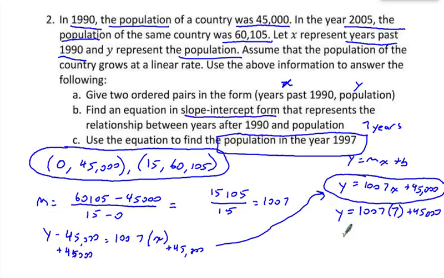And when you do that arithmetic, you get 52,049 people in the year 1997. That is the estimate, assuming linear growth.